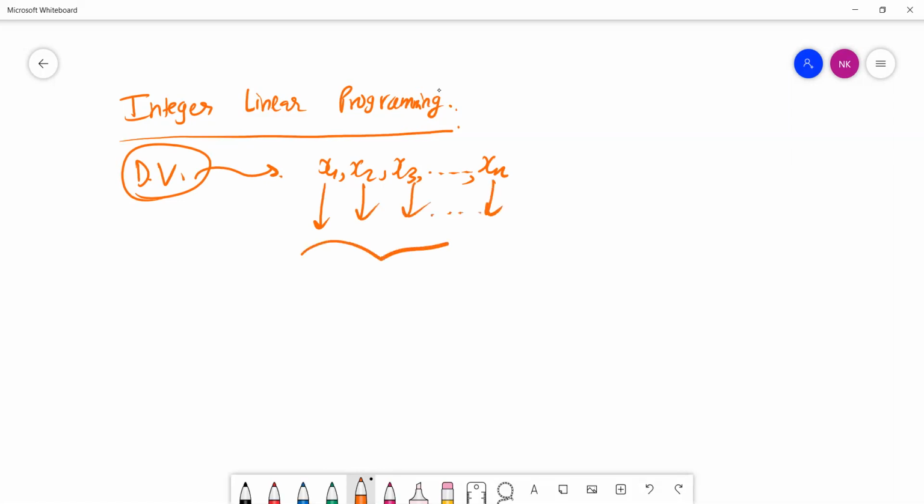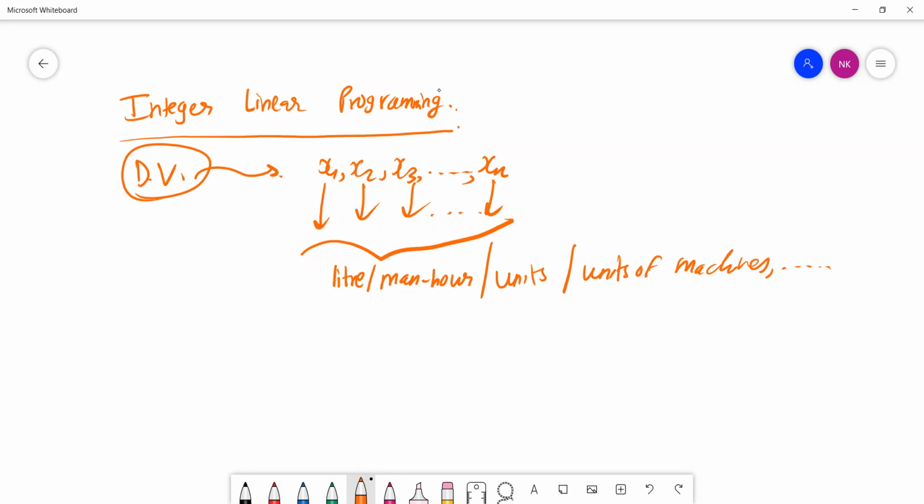These decision variables may be something like liters of milk, man hours, number of units, or units of machines. Depending on your problem statement, you can say these things.